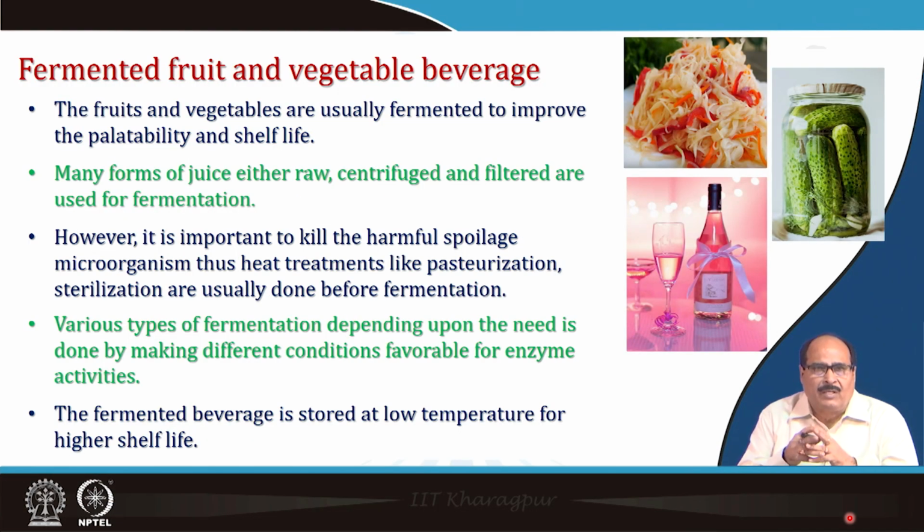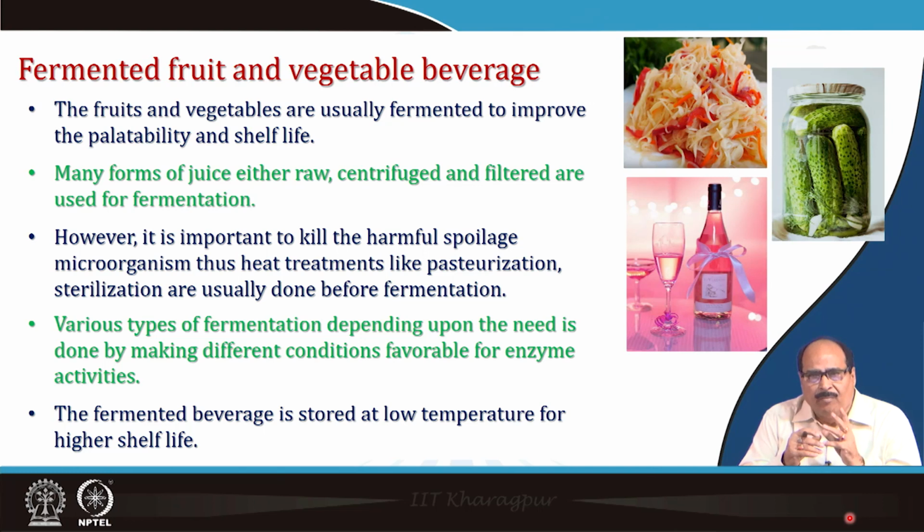So, you know that fermented fruit and vegetable products or beverages are usually prepared to improve the palatability and shelf life. In the earlier classes, we have discussed in detail all these aspects. The major forms of juices, either raw, centrifuged or filtered, are used for fermentation.